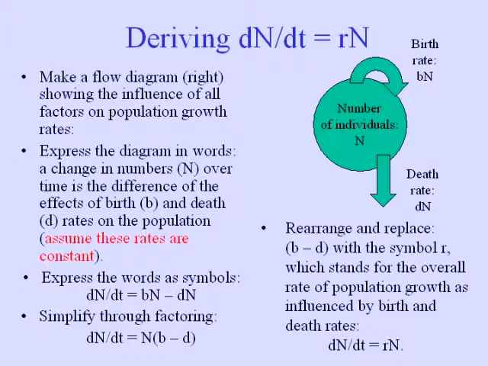So if we take this diagram, we can then express it in English words in a sentence. And we can write a sentence like this. A change in numbers over time is the difference of the effects of birth and death rates on the population. If we assume, however, that the birth and death rates are constant.